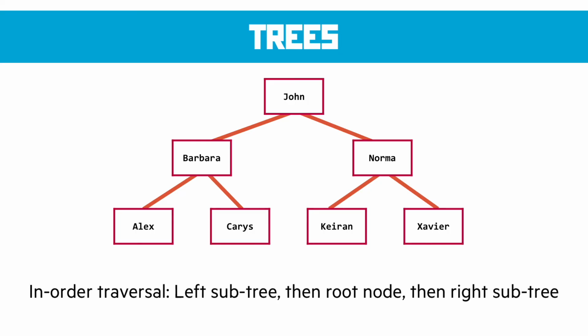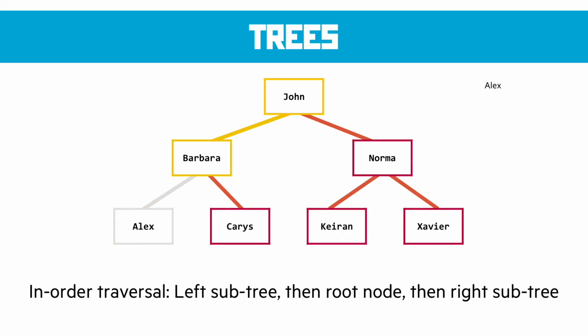In order traversal then is where we go left and then right again as before, but in this case we only write down the item as we reach a node with no children. So in this case we start with John, it has children, so we go left. It's got Barbara, we go left. It's got Alex there. That node has no children, so we write it down.